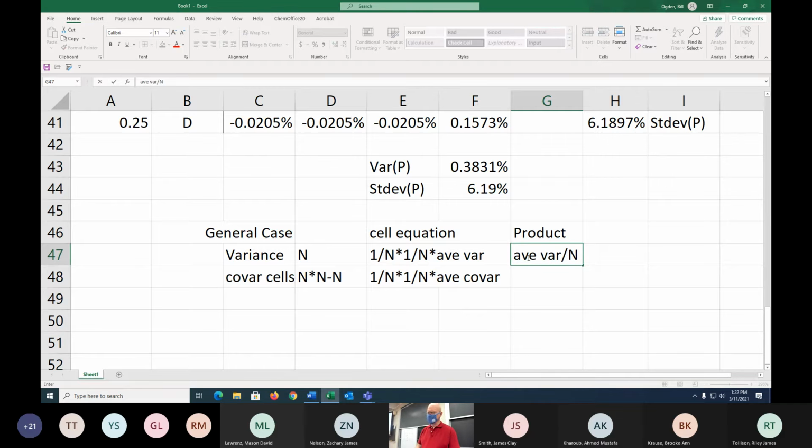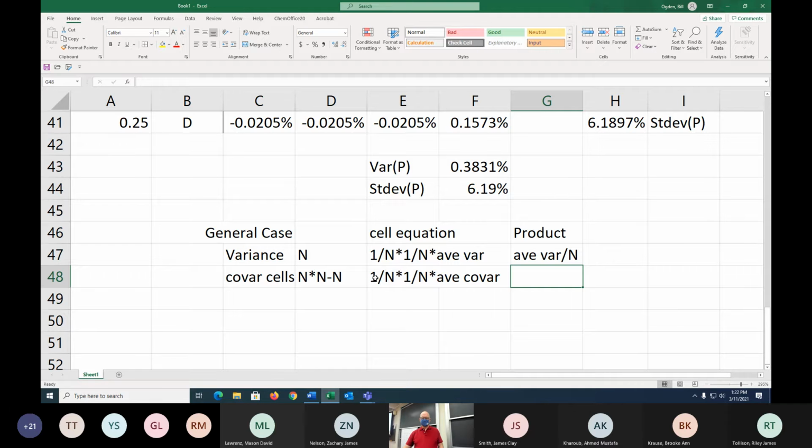Divided by N. Okay, this is a little more difficult. So we have N squared minus N times 1 over N squared here, right?